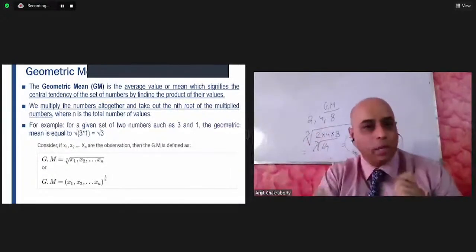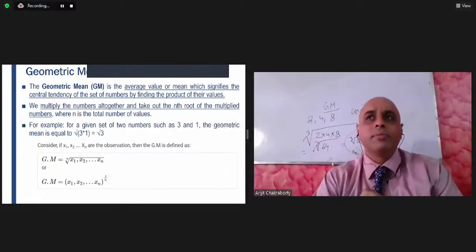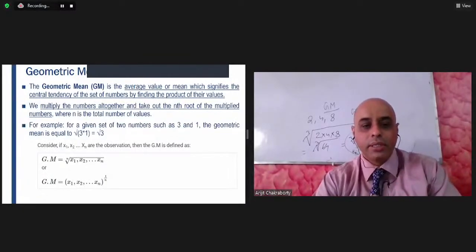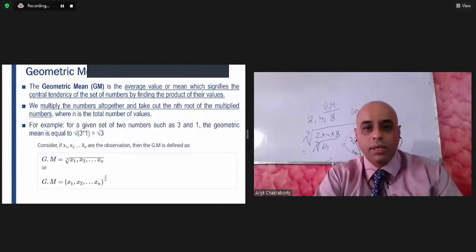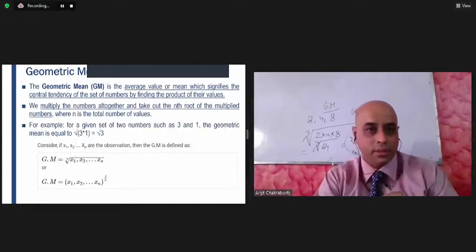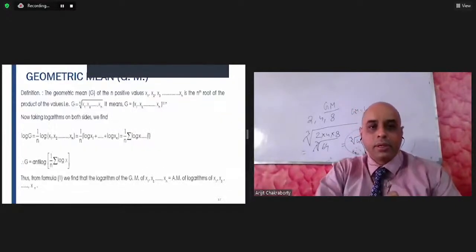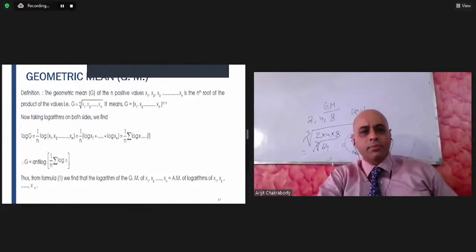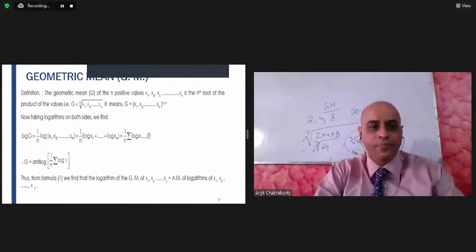You will study more, and automatically you will try solving as many problems as possible. Okay, so GM, of course, in the exam, very simple problems are coming on GM, and GM is given by the nth root. In this slide also, you can see the nth root. For example, if there are 2 numbers, 3 and 1, the geometric mean will be the square root of 3 into 1, that is root 3. There will be some logarithms which we will see later.